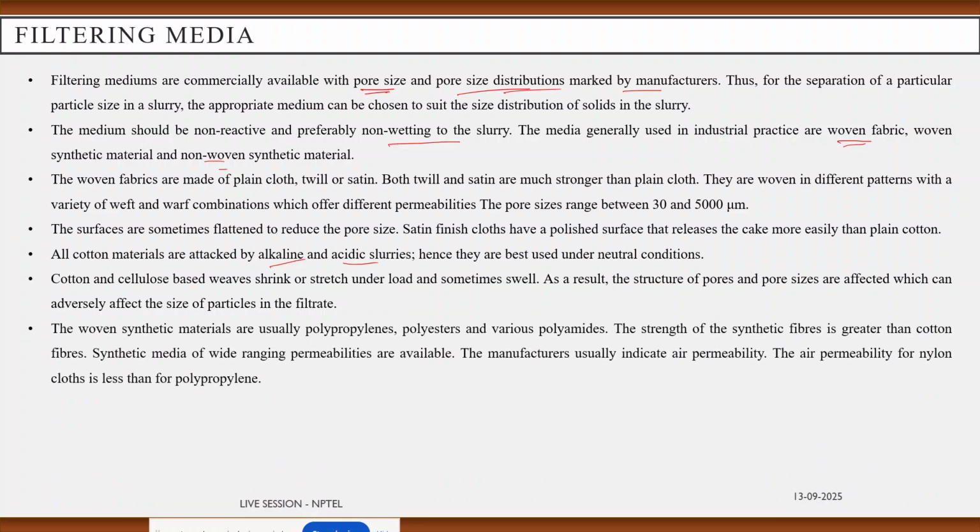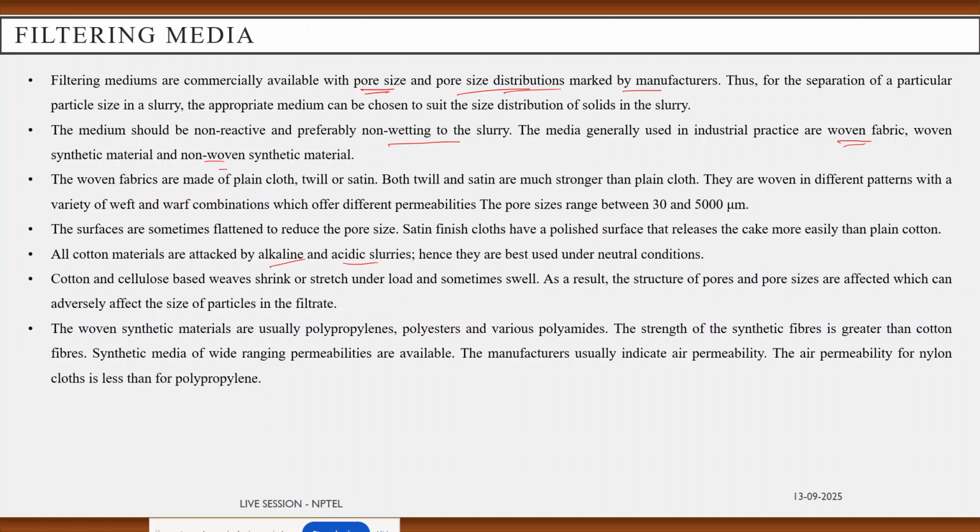For woven synthetic material, usually polypropylene, polyesters or various polyamides are used. The strength of synthetic fibers is far greater than that of cotton fibers. Synthetic media of a wide range of permeabilities are available. The manufacturer usually indicates the air permeability.